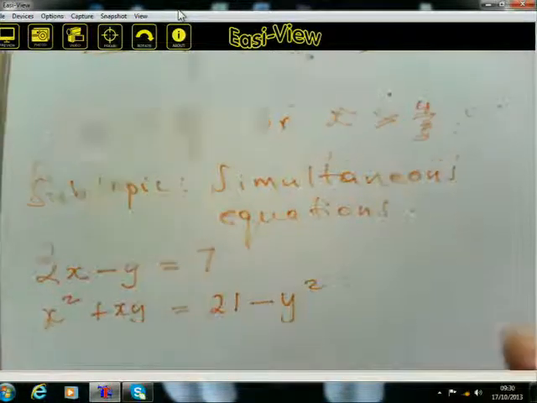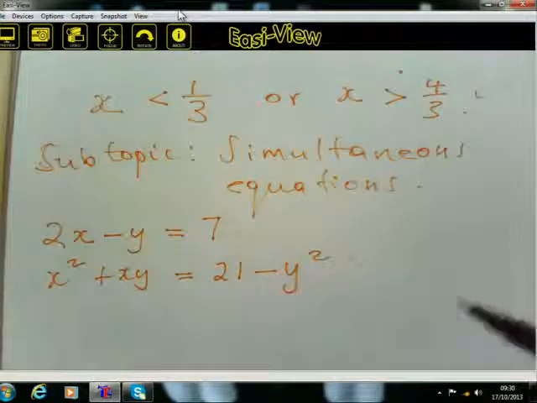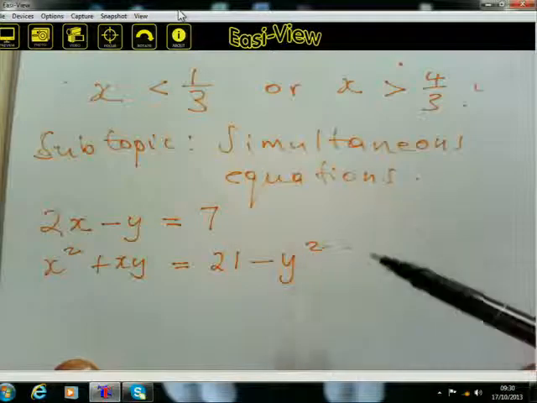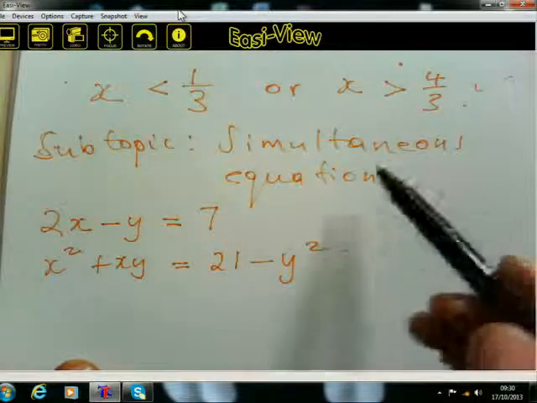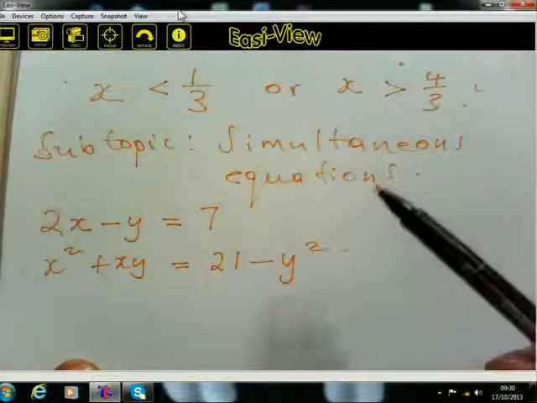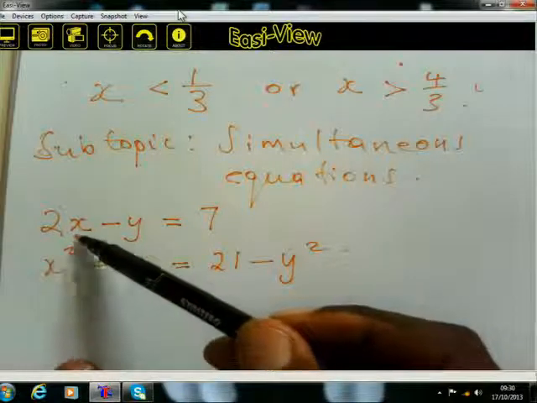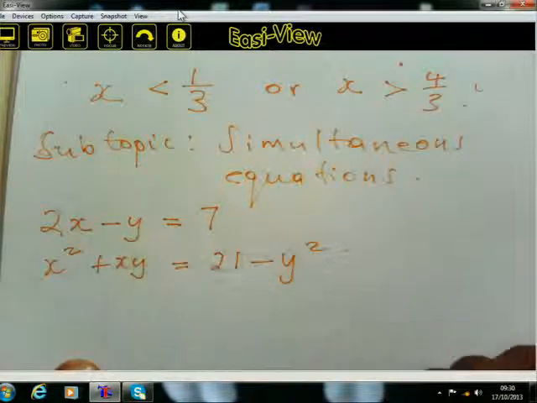Now, we are coming to the issue of simultaneous equations. In the case of simultaneous equations, the word simultaneous means at the same time. So, we are going to solve for these two variables, x and y.